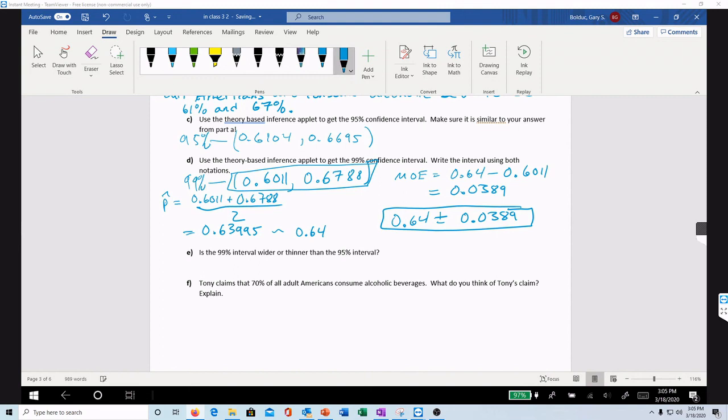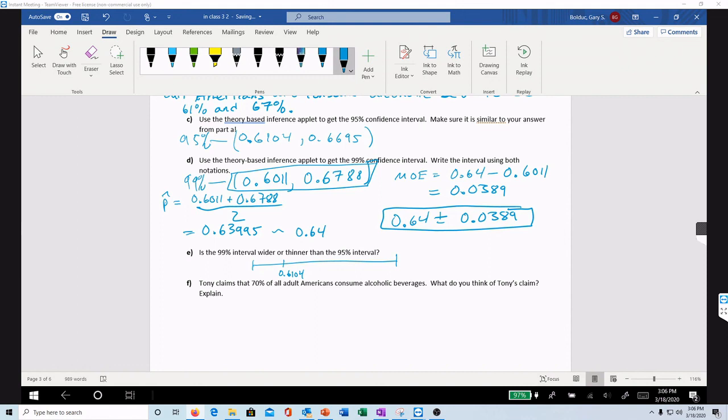Okay, so looking at these two, how do I figure out what's wider? Well, I just can look at the bottom numbers if I want. So I see 0.61 and 0.60. So if I was to put this all on a number line, I would put 0.61, and then all I got to do is say, okay, 0.60, is that to the left or right?